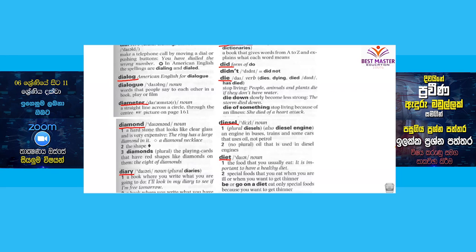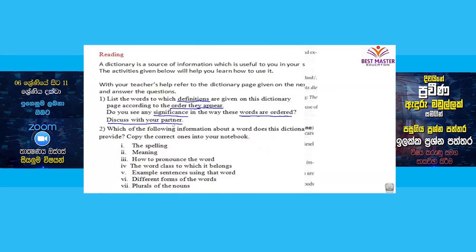Right? We listed the words now. List the words to which definitions are given on the dictionary. Yes, we got the list. The second question: which of the following informations about a word does this dictionary page provide?